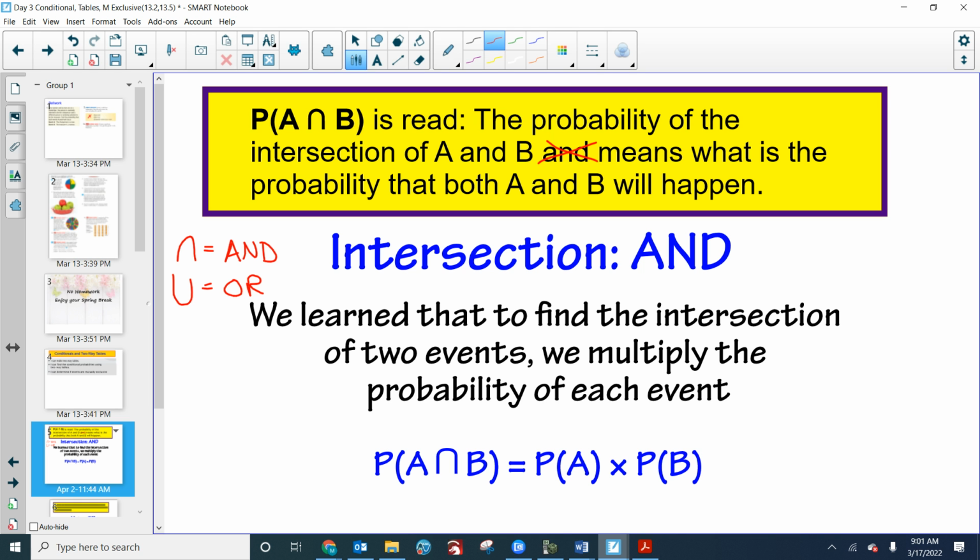So when you see this, you have A and B. What's the probability that both? We read and as both. We learned that to find the intersection of two events, we multiply the probability of each event.